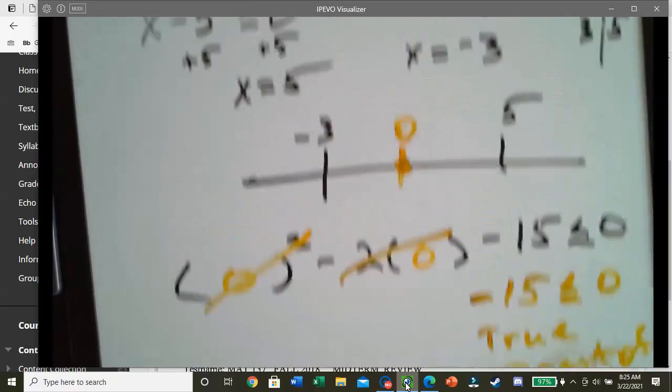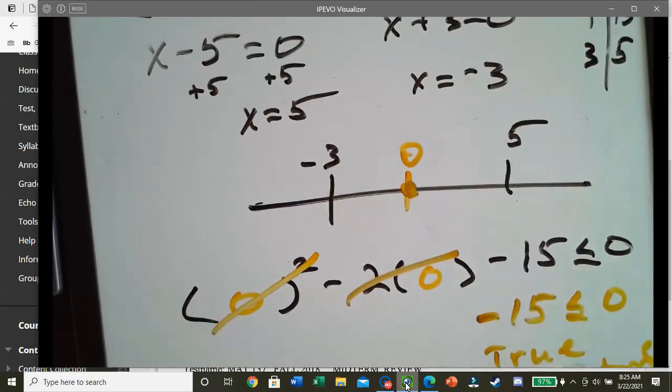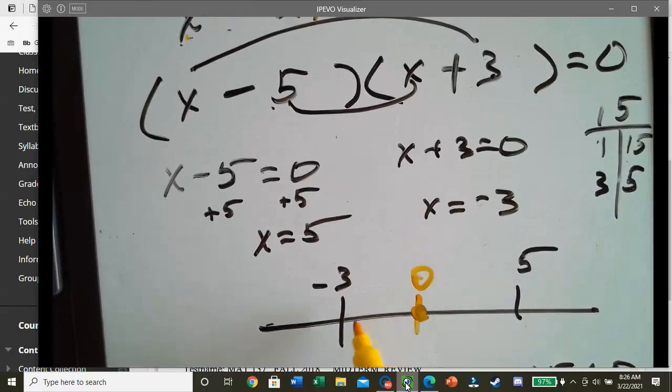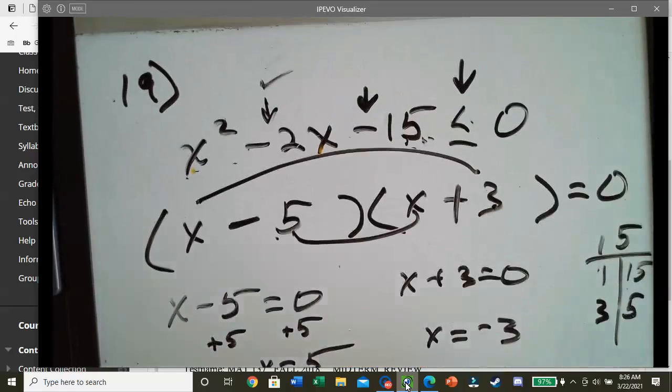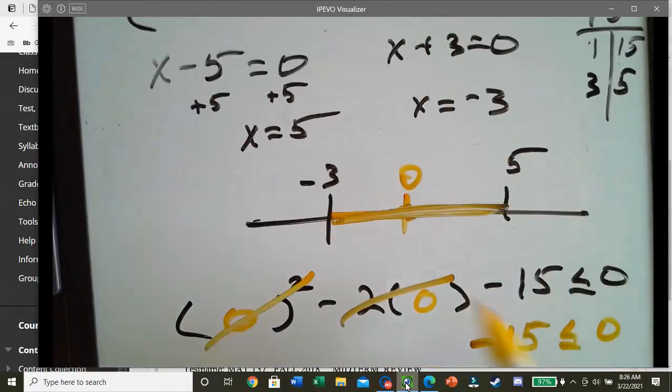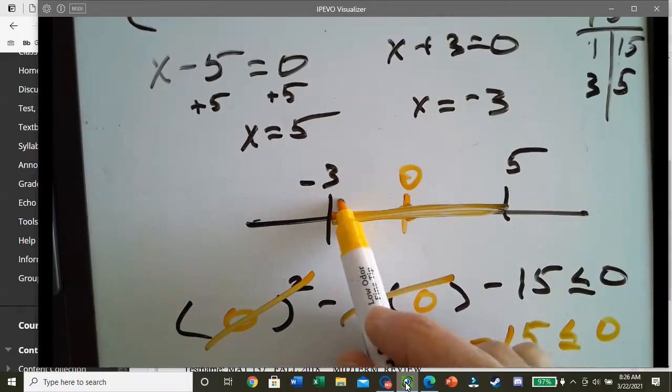That means 0 is part of our solution. Okay, put a military 0 on there. So that means not only is 0 a solution, but all points in between are a solution. And because it's less than or equal to, is that an open parenthesis or closed bracket?